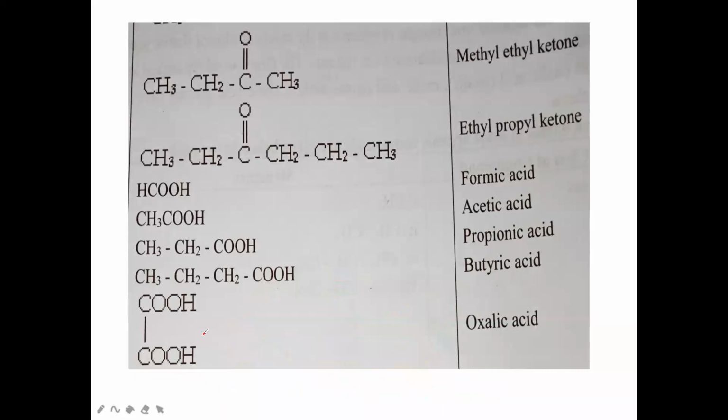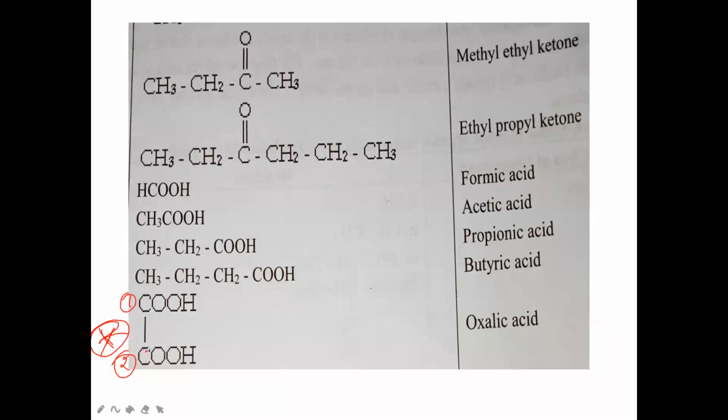Now next, if you take this molecule, COOH bond COOH. First carbon, second carbon. Between the 2 carbons, which bond is there? Single bond. And the COOH group is the carboxylic acid group, and again a carboxylic acid group. How to name this in IUPAC naming?